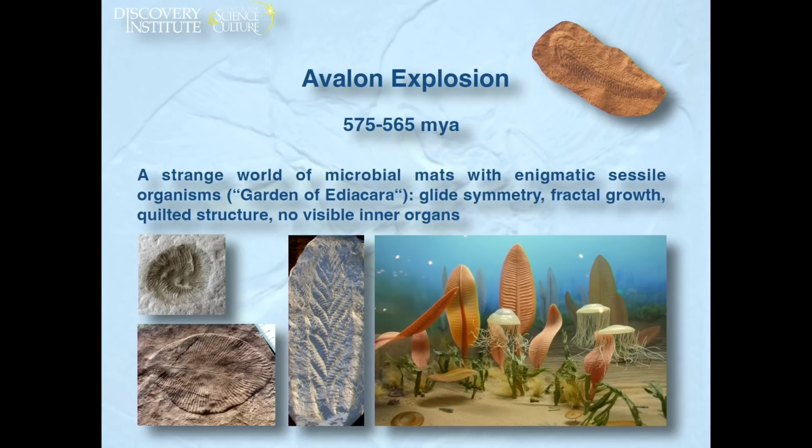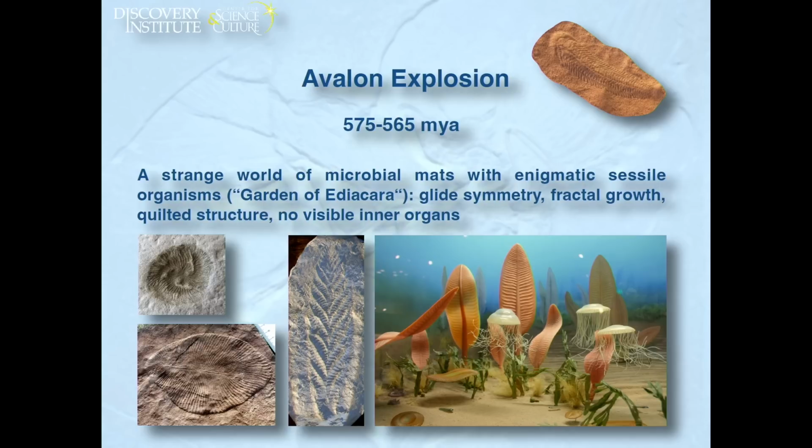And the next event is not yet the Cambrian explosion. We have another explosion before, and that explosion has been called the Avalon explosion. Avalon is the name of a hypothetical reconstructed supercontinent that supposedly existed at this time. And what we find there in a time window of about, let's say, 570 million years ago, is the so-called Ediacaran biota.